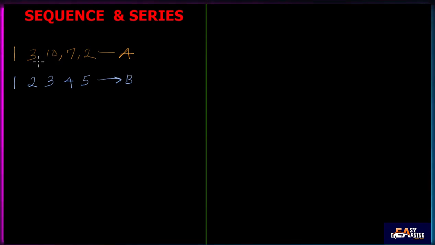Alright, observe this set of numbers A and also observe this set of numbers B. What do you observe? You should observe something in set A and set B. Okay, let's look at it together.